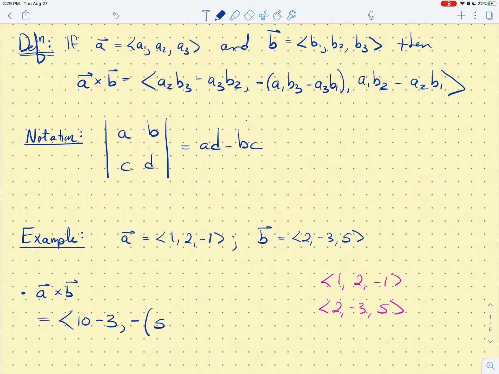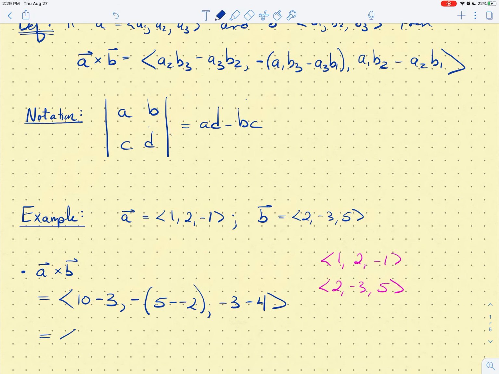That's the middle component. The last one, I cover up these, and then I get -3 minus 4. Let's clean this up now, and we get a 7, and then a -7, -7. So that's the cross product.